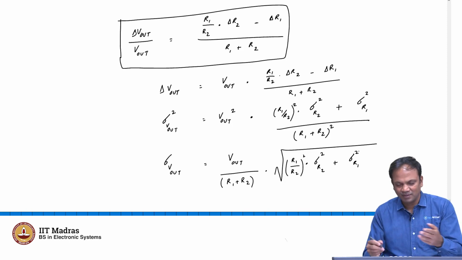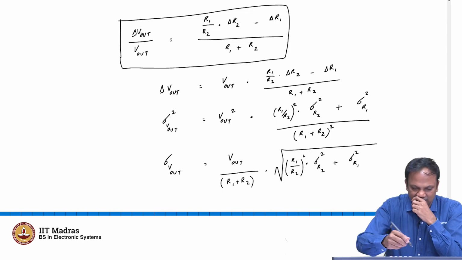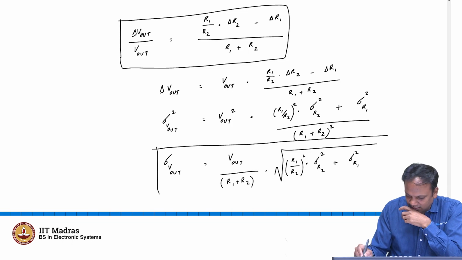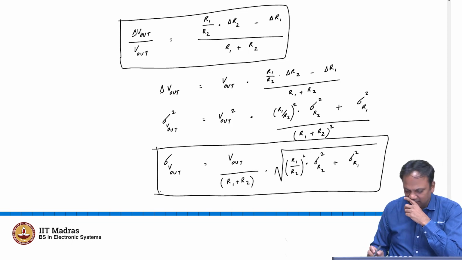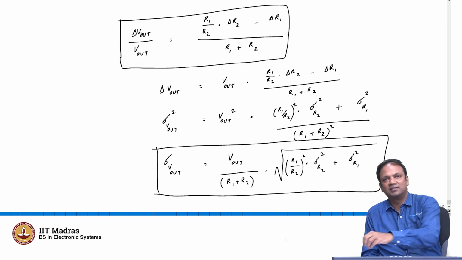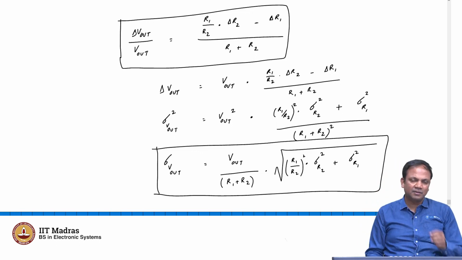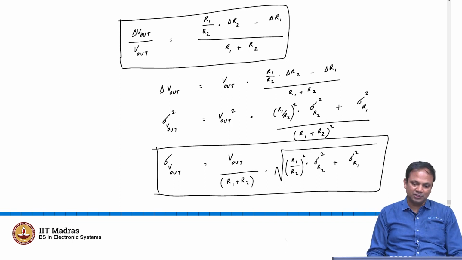I have just taken the square root on both sides, right. So this is our key result, which now tells us the relationship between the variance of the components themselves and the variance of the output voltage.